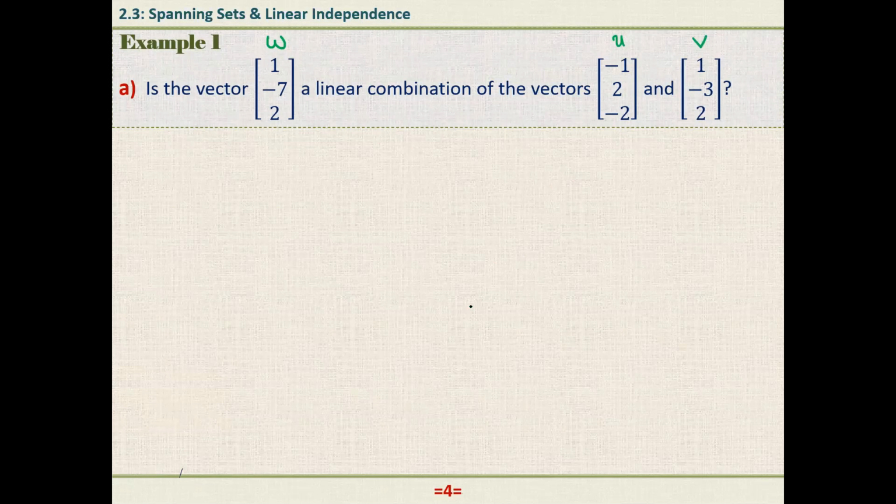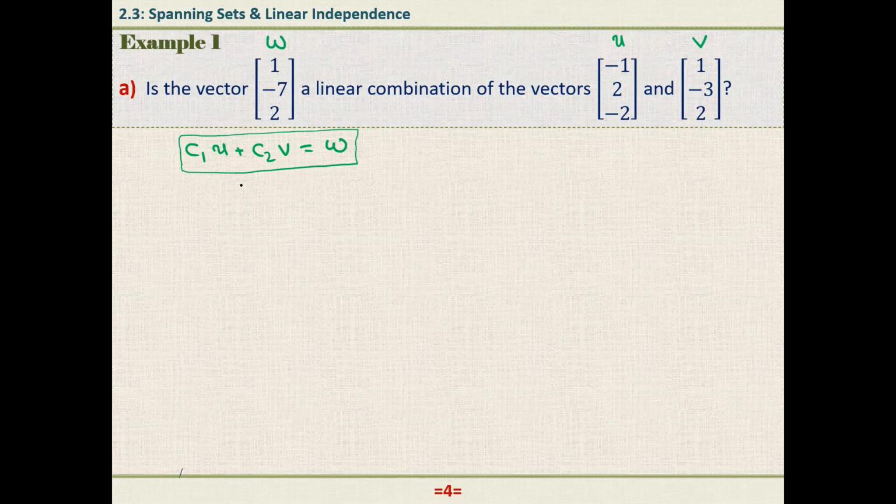Can we write W as c1 times vector U plus c2 times vector V equal to W? To do this, we have a system of linear equations, and we need to solve it. The question is: is the system consistent or not?